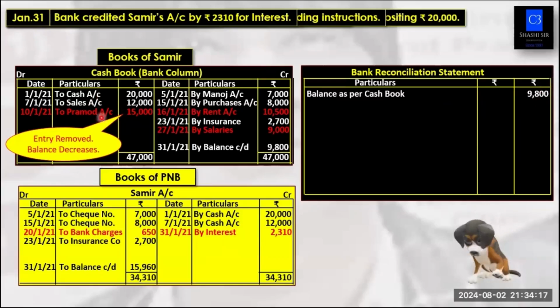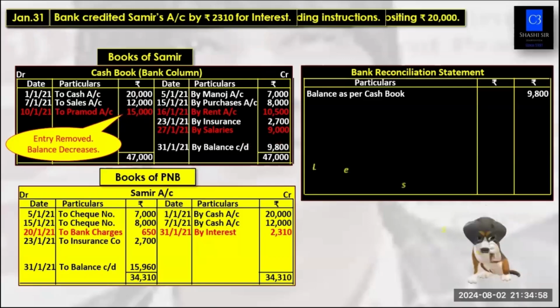So if you remove anything from the debit side, the total of debit side will get decreased, and this 9,800 will also decrease. So now we know that since the balance will get decreased, we will deduct this 15,000 in our bank reconciliation statement. Because if you remove this entry, this balance will get reduced.